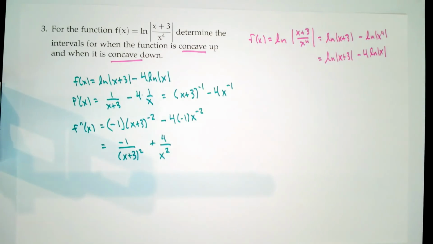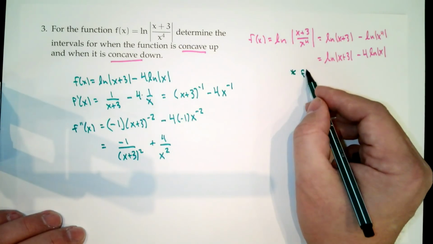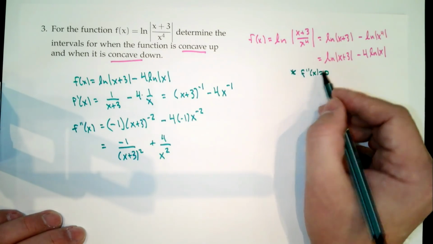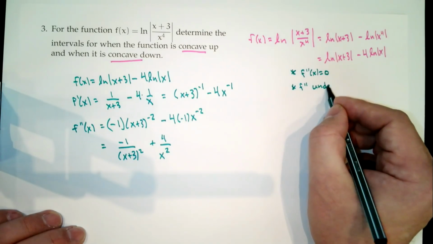Now, to figure out concavity, I have to understand something about the second derivative. I need to know, essentially, when it's positive and when it's negative. Now, in order to do that, I take a look and say, well, where can I switch signs? So there are two things I have to be on the lookout for. When is the second derivative 0, and when is the second derivative undefined?